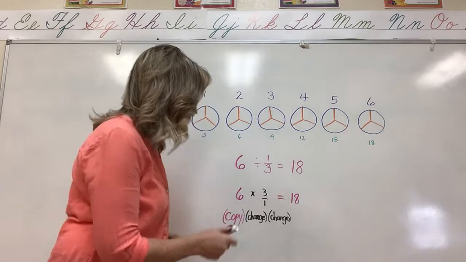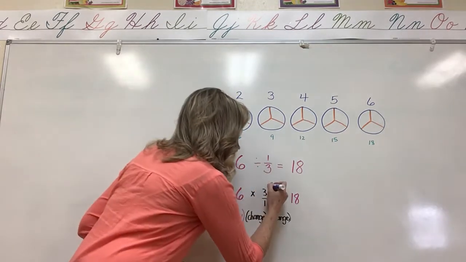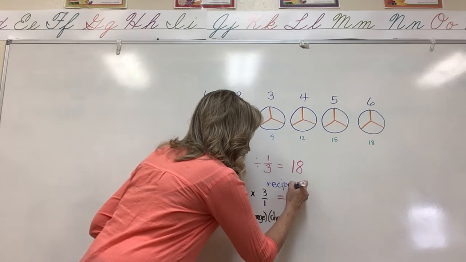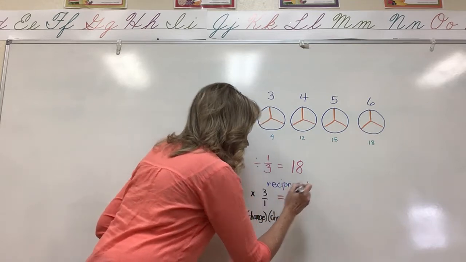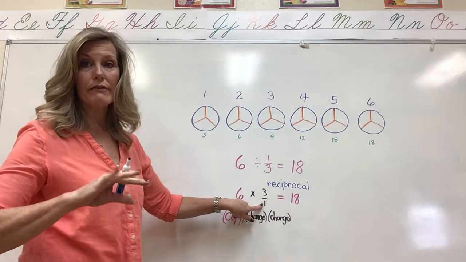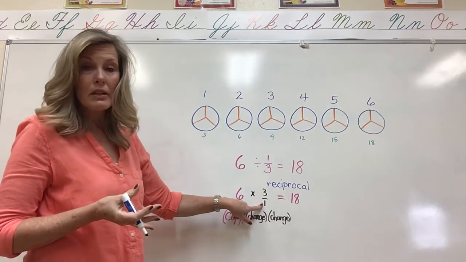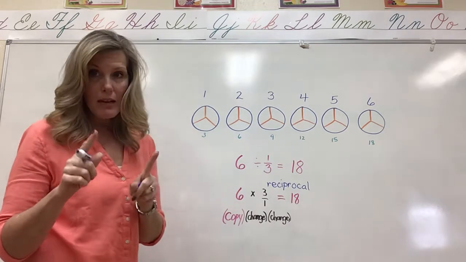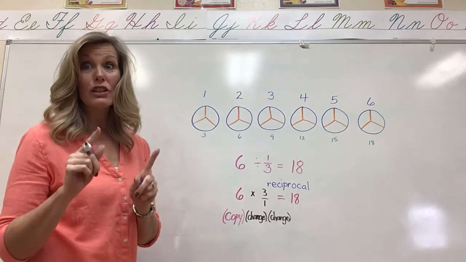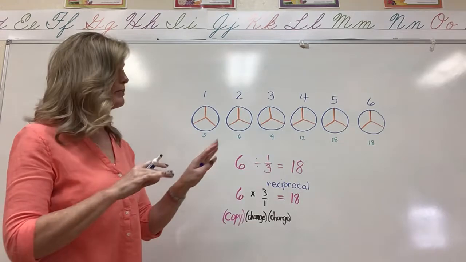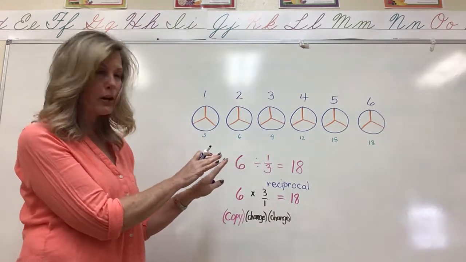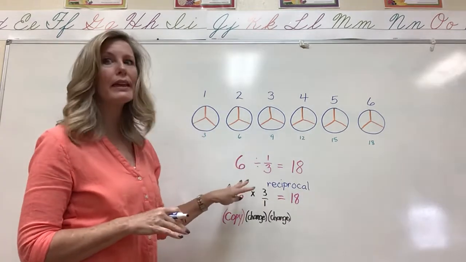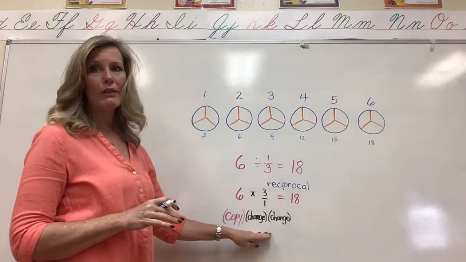It's called the reciprocal. Write that down so you can see what that word looks like, reciprocal. And that just means I've inverted my fraction, turned it upside down. There is a mathematical law that allows me to do that, but for 5th grade you won't have to learn that part of it. We're going to go from the picture to using the algorithm to derive our answer.